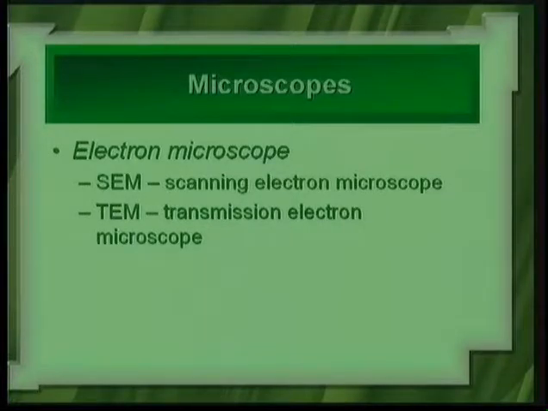With electron microscopes, you need to actually beam or shoot a bunch of electrons at your specimen. One good thing about the electron microscope, you can see things that are very, very tiny. You can actually get up to maybe 200,000 times magnification of what you're looking at. That's one very good thing about the electron microscopes.